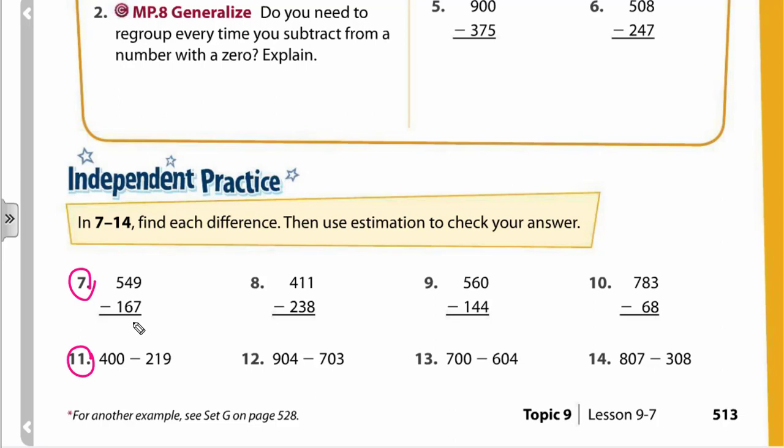Wait, Saleh. You said 7 minus 9. You should read it 9 minus 7. It means take away 7 from the 9. 2. Great.